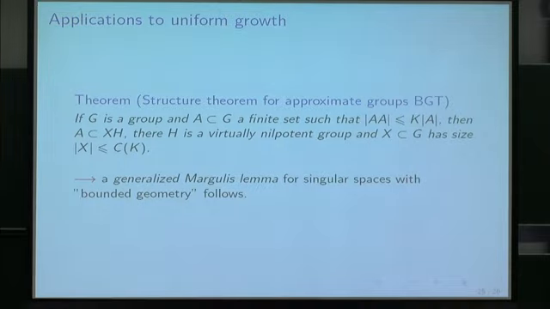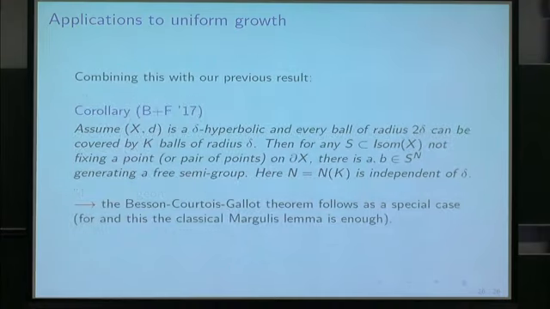So using this, combining this with the previous theorem, we get with Koji the following corollary. Assume you have a delta hyperbolic space in which every ball of radius 2 delta can be covered by k balls of radius delta. Then you have uniform exponential growth, and you can even find a free semigroup where the length depends only on this k and not on anything else.